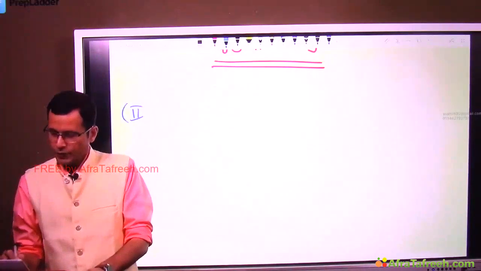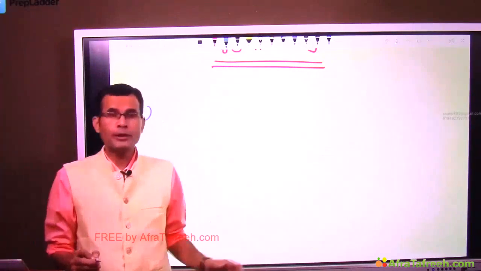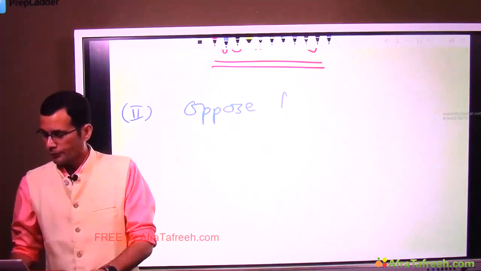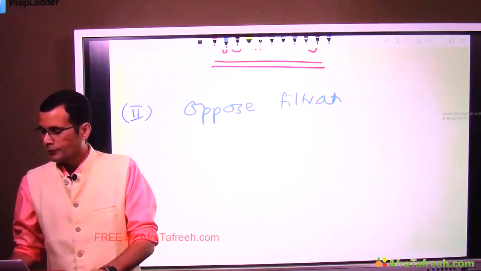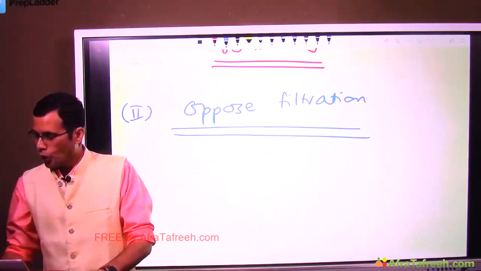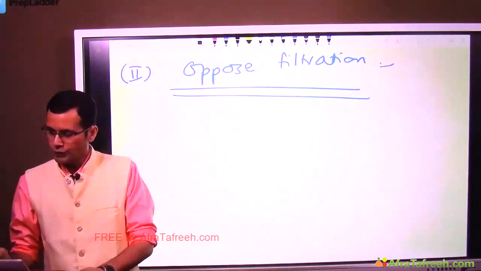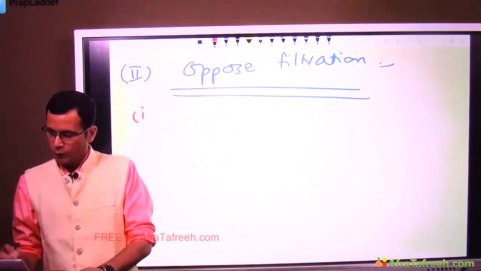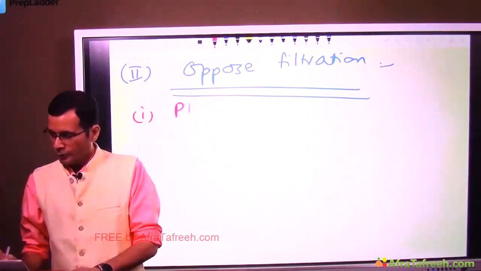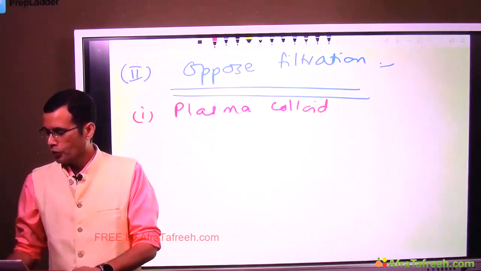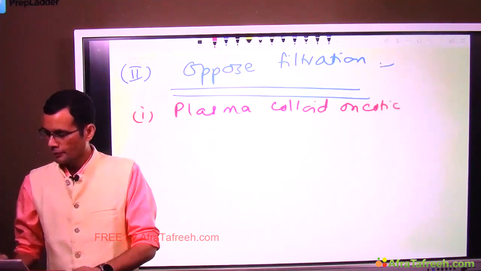And then there are two forces or two pressures which oppose the filtration, meaning they will tend to cause the movement back into the capillaries. What are those forces then? One is plasma colloid oncotic pressure.